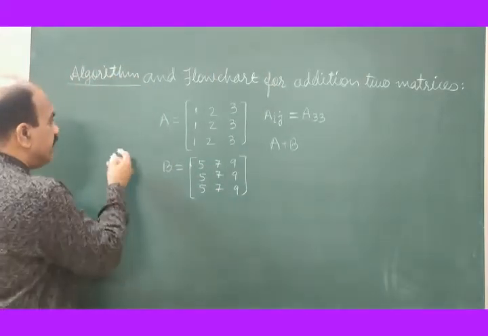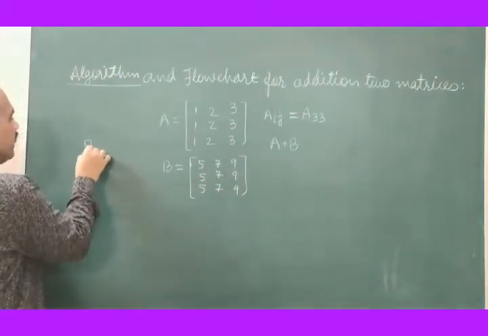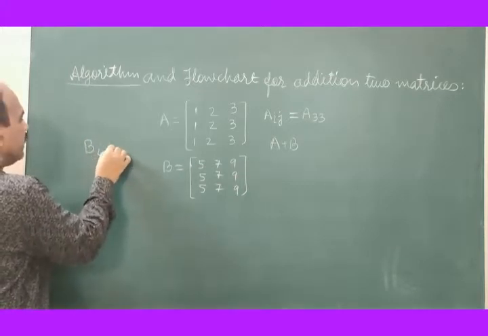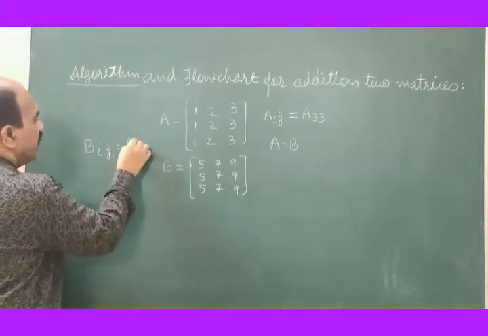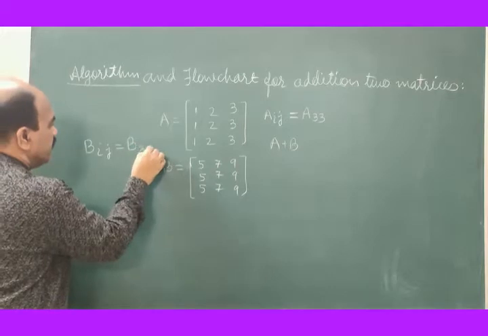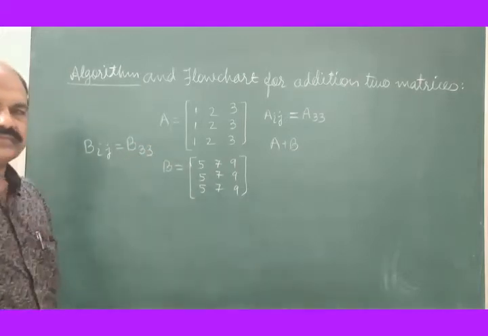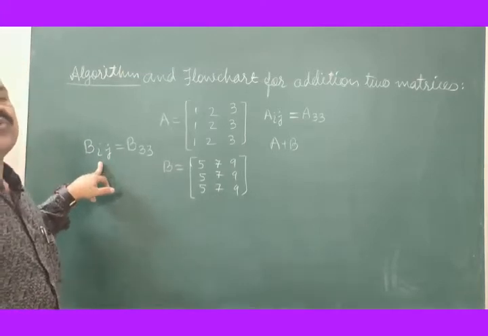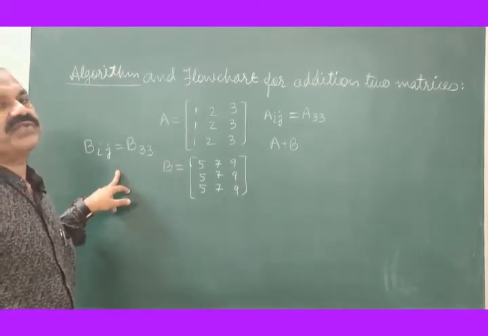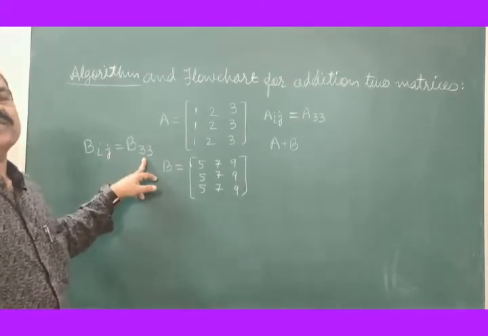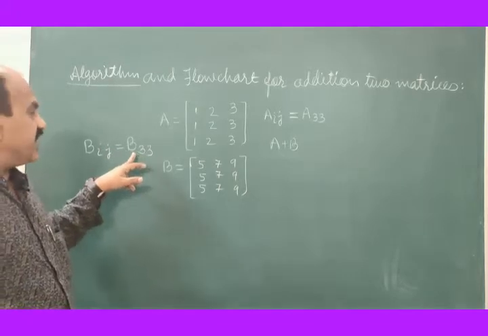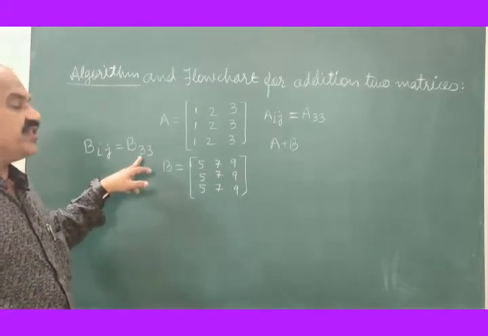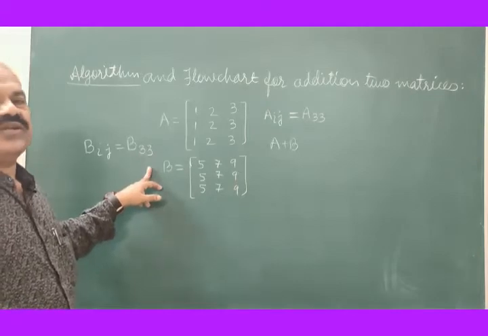Let us go to B. B can be written as Bij, or simply B33. Matrix B has I number of rows and J number of columns, where I and J are specified. It means that matrix B has 3 rows and 3 columns.